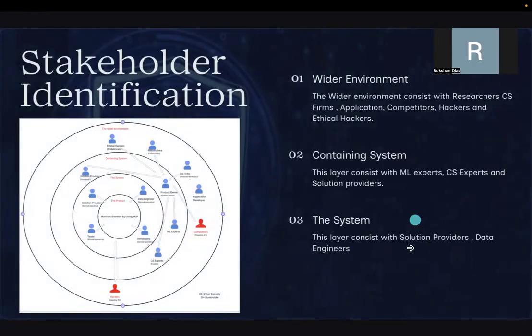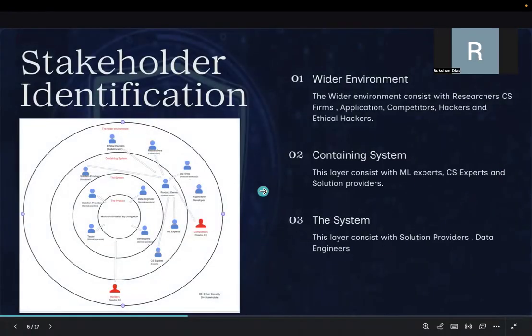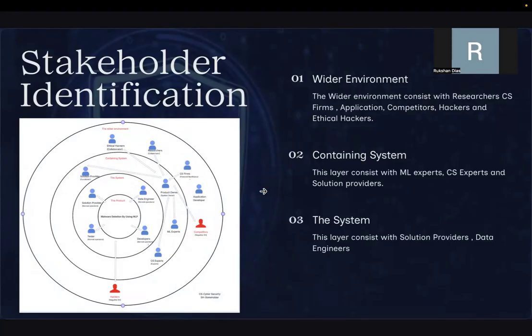When it comes to stakeholder identification, the wider environment consists of CS firms, application competitors, hackers, and ethical hackers. The containing system consists of machine learning experts, computer scientists, and solution providers. And the system consists of solution providers and data engineers.